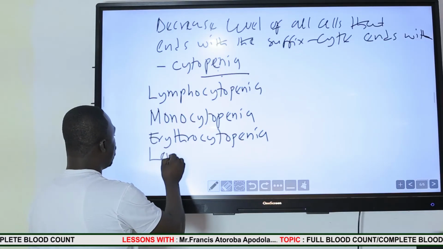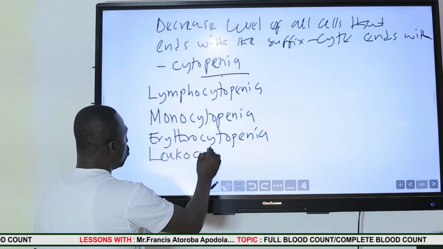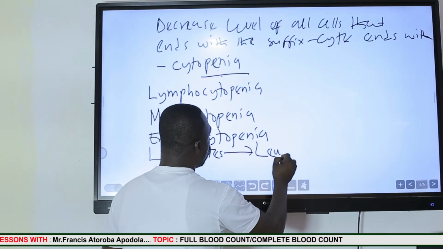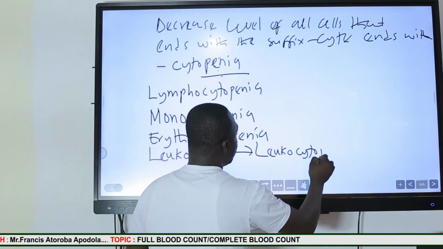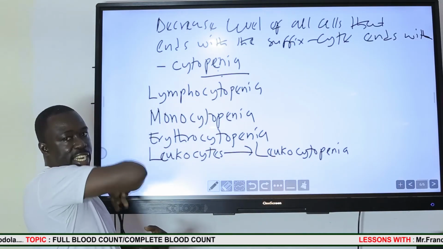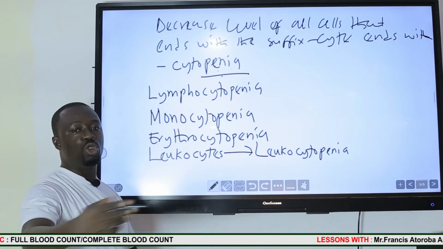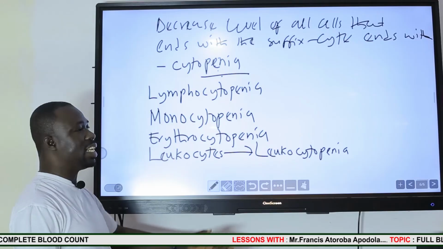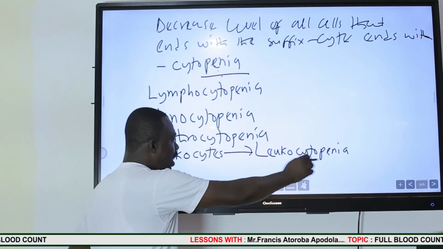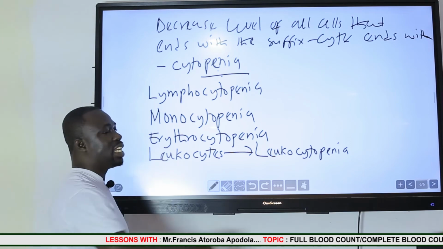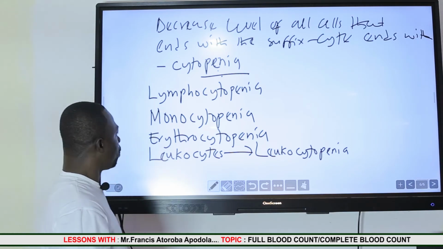If we have the cell leukocytes, the decreased level will be called leukocytopenia. So the increased level will have been leukocytosis. So leukocytosis means an increase in the number of what? Leukocytes. Whilst leukocytopenia means a decrease in the number of leukocytes.